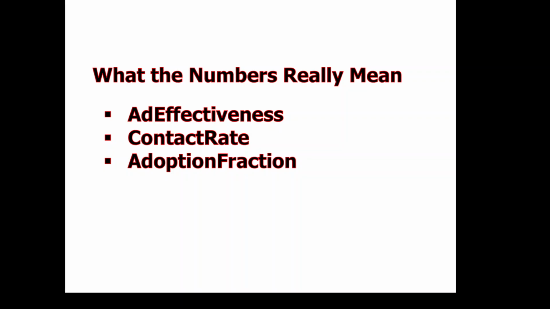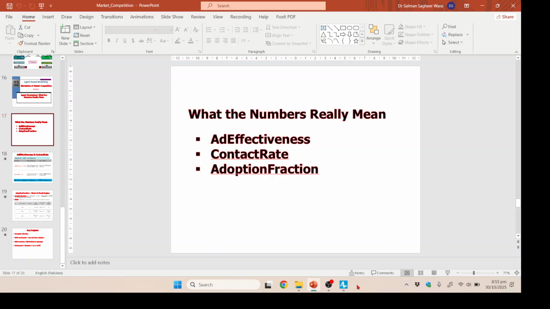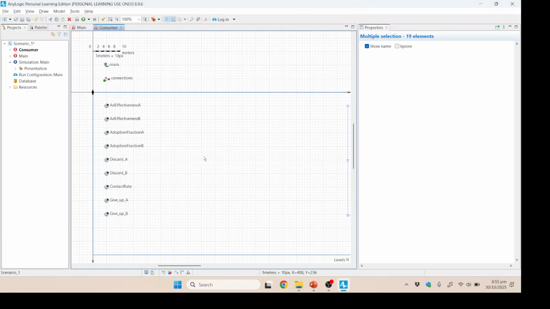So, in our last lecture, we were making a consumer population and we defined these parameters for our population: ad effectiveness A, ad effectiveness B, adoption fractions, discard times, contact rate, and the give up times. Of these parameters, ad effectiveness, adoption fraction, and the contact rate are the topic of this video.